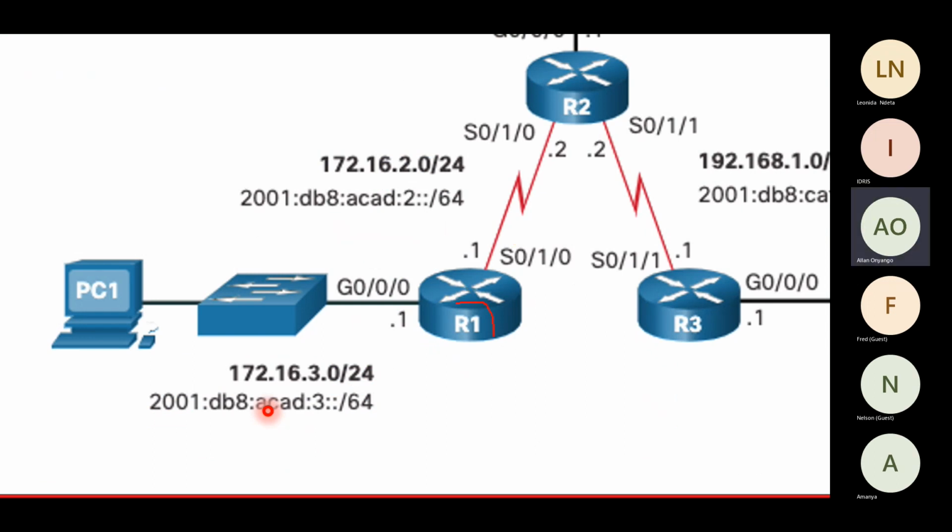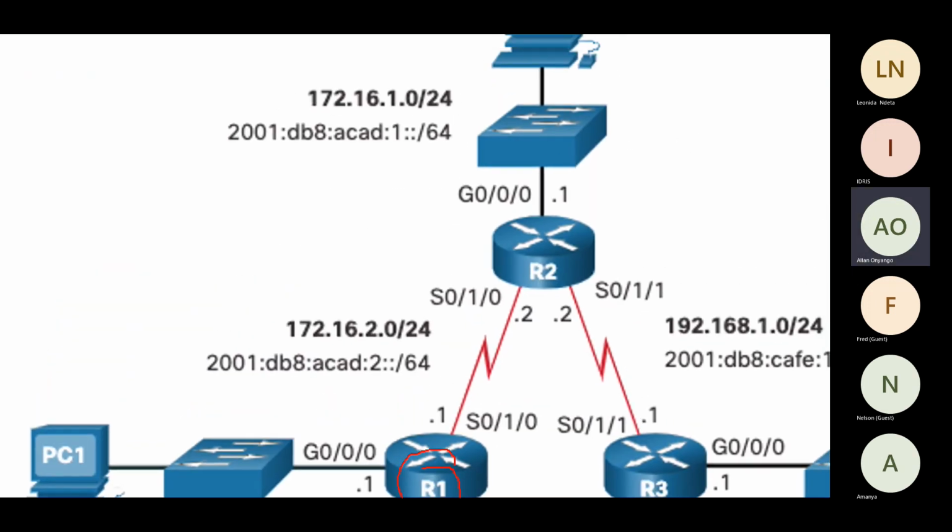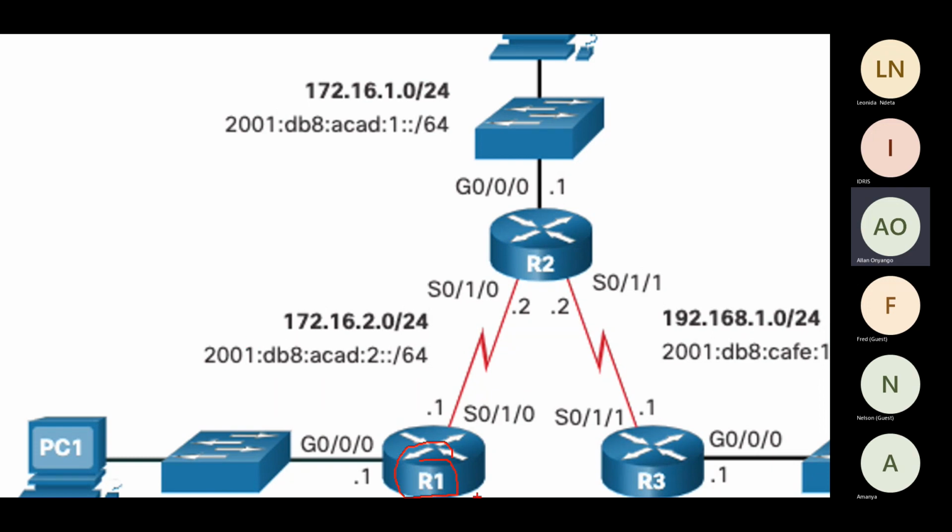This is our router R1. From this router, if R1 needs to send a message to the computer on the R2 LAN, it needs to send a packet or a message to this LAN over here.